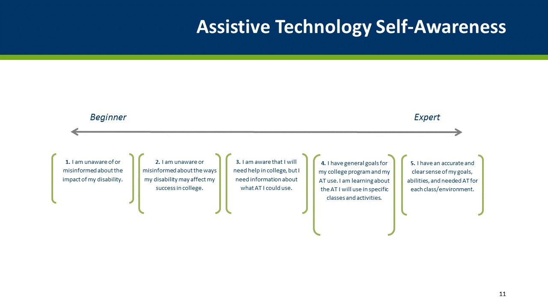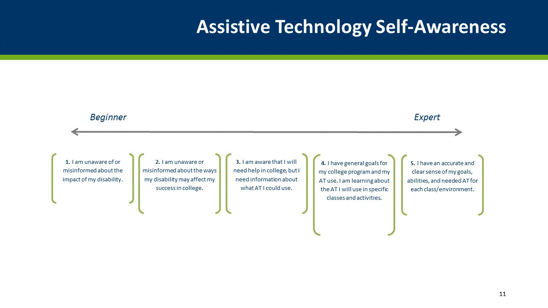The beginning level is I'm unaware or misinformed about the impact of my disability. So I might have some preconceived notions that aren't exactly accurate as I begin to think about moving to a post-secondary environment. On the level 5, the sort of expert indicator area here, you see the statement, I have an accurate and clear sense of my goals, abilities, and need for assistive technology in each class or environment.